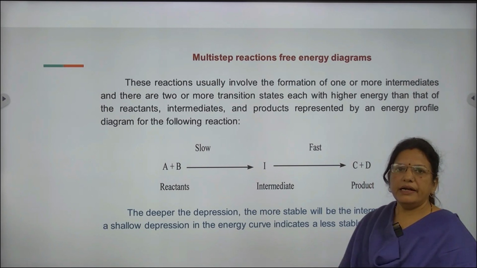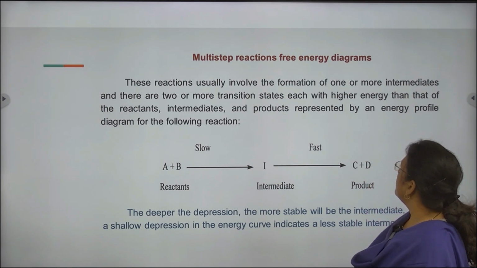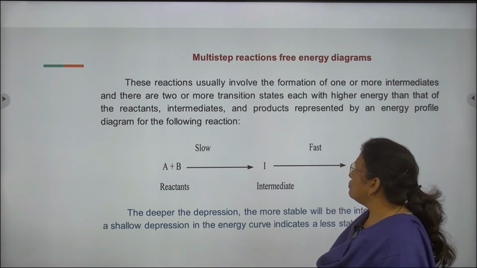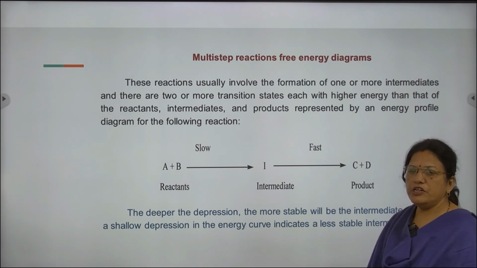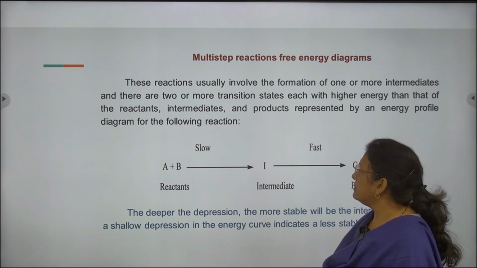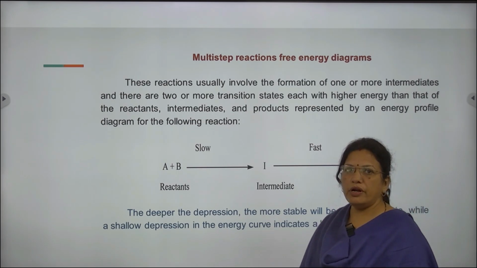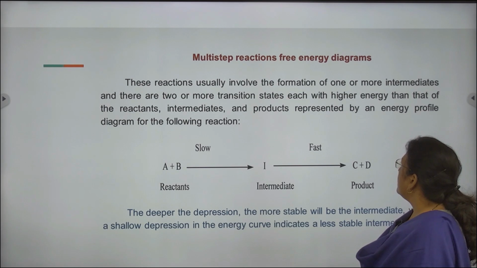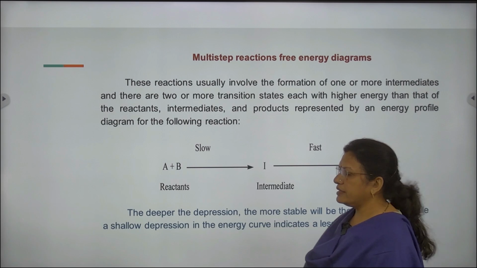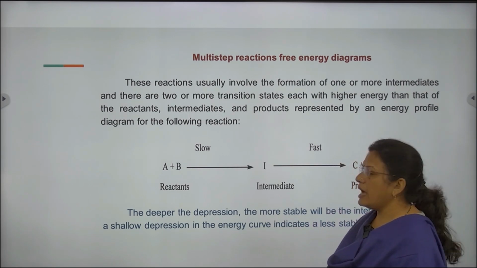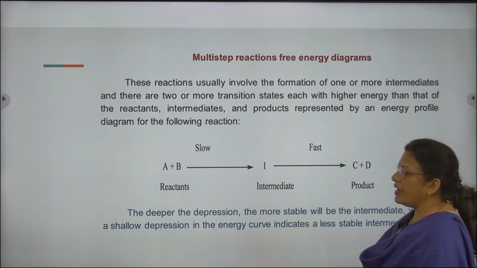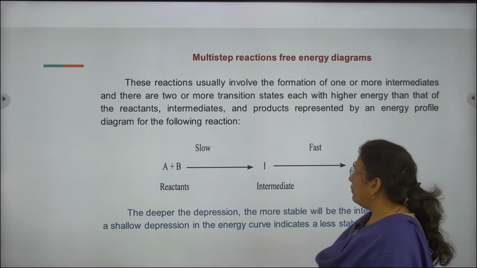Now, multi-step reactions, free energy diagram. These reactions usually involve the formation of one or more intermediates, and there are two or more transition states, each with higher energy than that of the reactants, intermediates and products, represented by an energy profile diagram of the following reaction.